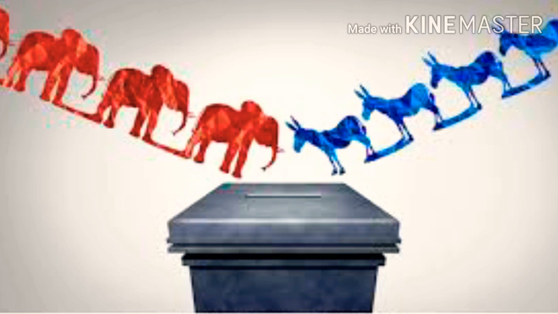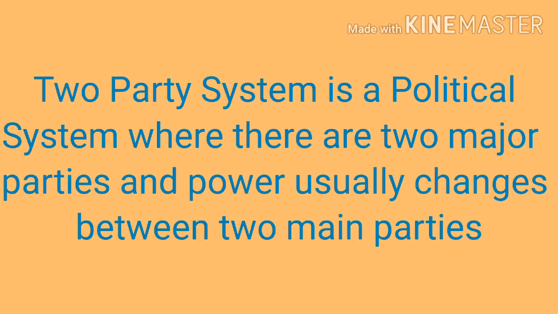Next, we are going to study the advantages and disadvantages of a two-party system or bi-party system. A two-party system is a political system where there are two major parties and power usually changes between the two main parties.